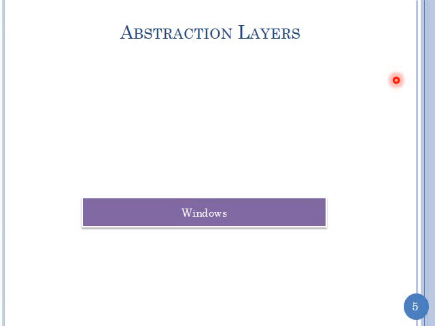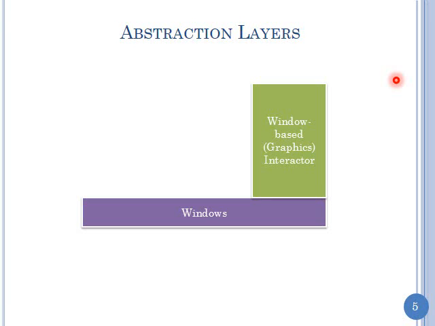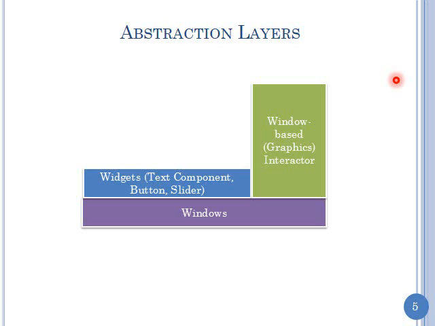Okay, and the abstraction layers can be shown here. There are windows, where we'll see exactly what a window is. But there's a window abstraction. I kept using the word shared windows, and I was using windows in a technical way. So you can create just windows, and then you have a window-based or graphics interactor. Or you can put some layer above windows, which are special kinds of windows, which we'll call widgets.